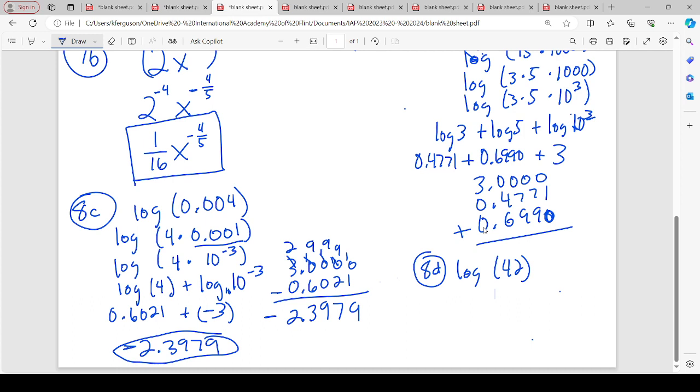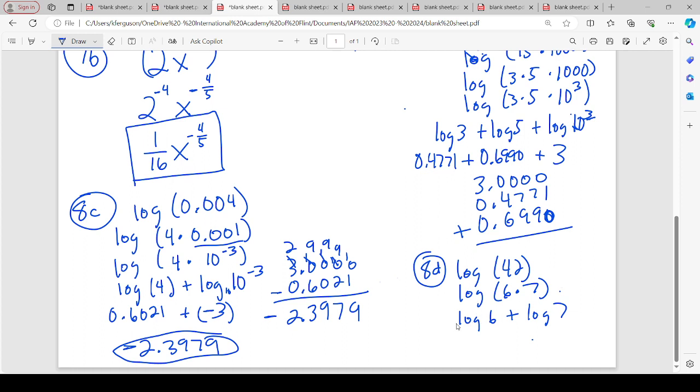And just like the lady said, 6 times 7. So that's log of 6 times 7. And 6 and 7 are on the chart. So I got log of 6 plus log of 7, because we know when we multiply those two things that we can separate them. We can say this quantity plus this quantity.